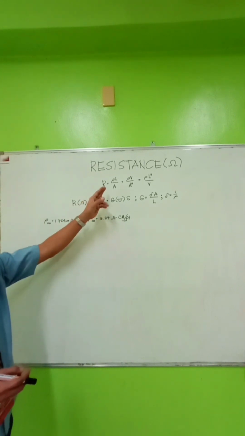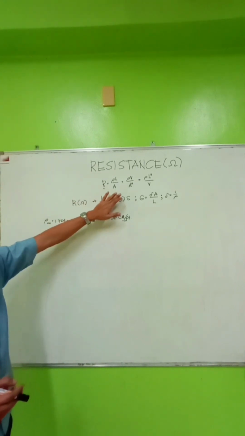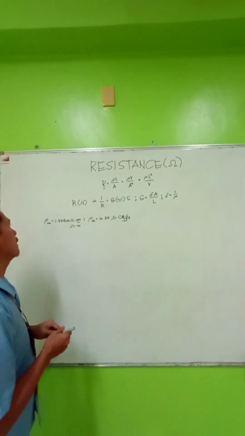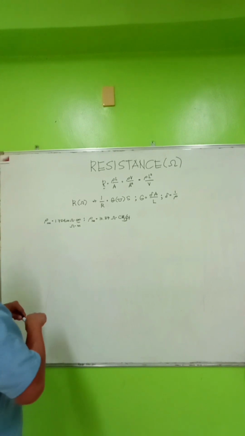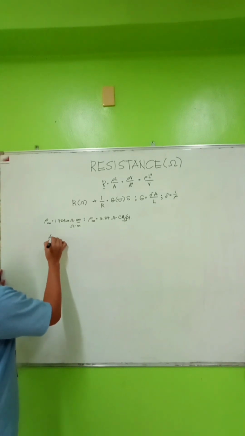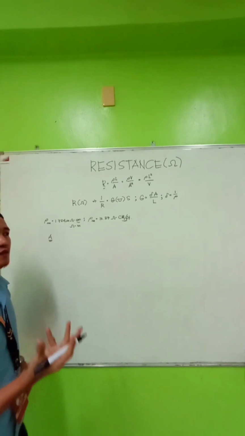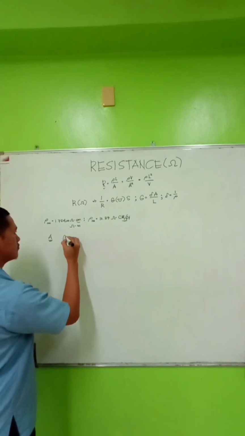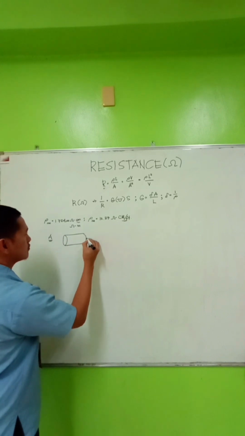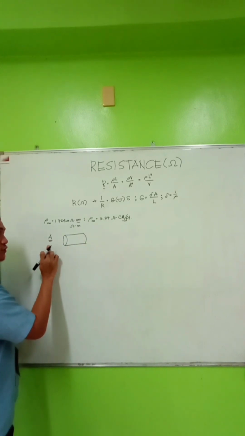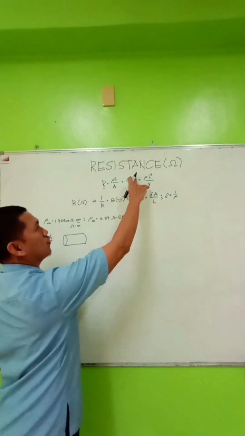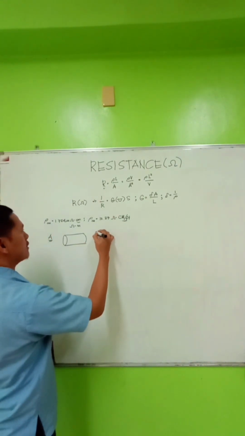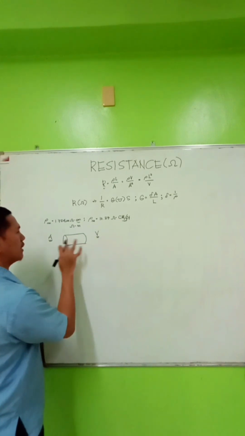One of the important things in this formula is our cross-sectional area. How do we deal with our cross-sectional area? Okay, so let's deal with it. Start with the cylindrical shape, which deals with the cross-sectional area and the volume because they are related, the volume and the area.